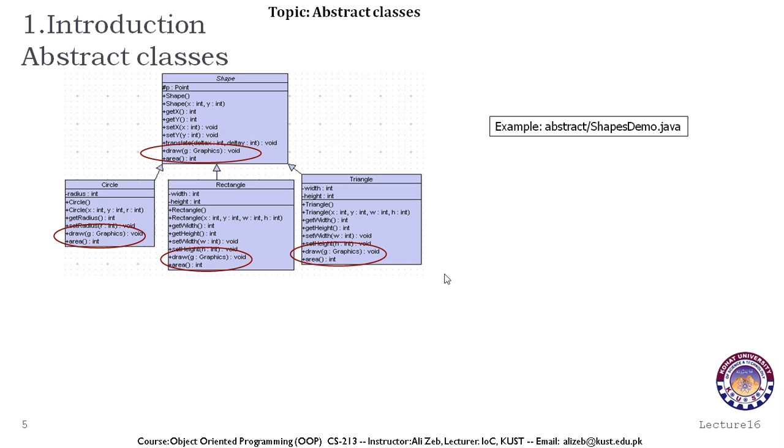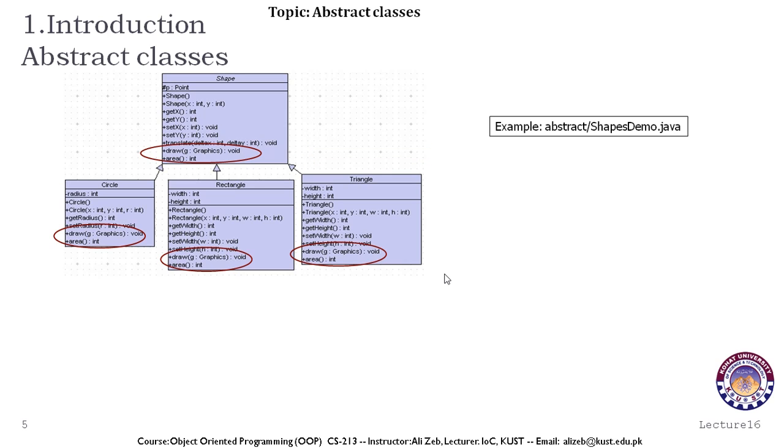Similarly, we have a draw method and an area method in the triangle class. So when we call the draw method using an object of the triangle class, a triangle needs to be drawn. And if we call the area method using an object of the triangle class, the area of the triangle should be returned in the form of an integer value.